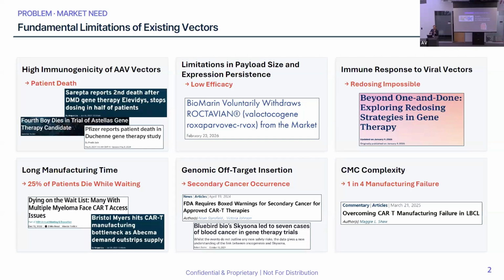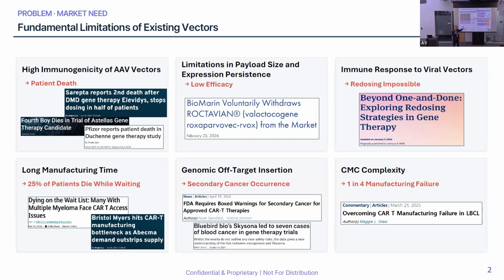We have many problems with the current vectors that we use for cell and gene therapy. For example, AAVs are the major workhorse in this field, but they have been problematic with immunogenicity, which prevents redosing, but also patient death when a lot of 10 to the 14th genome copies per kilogram are injected into the body.